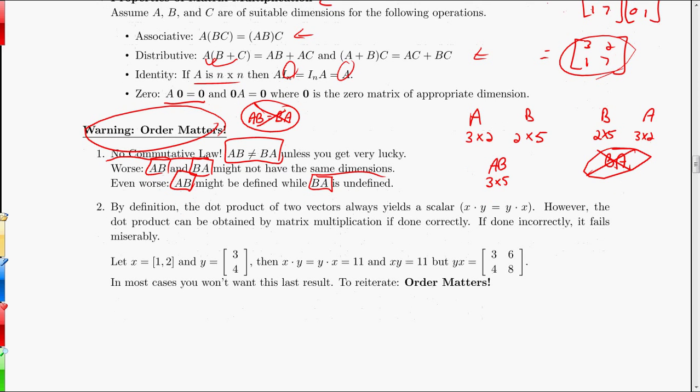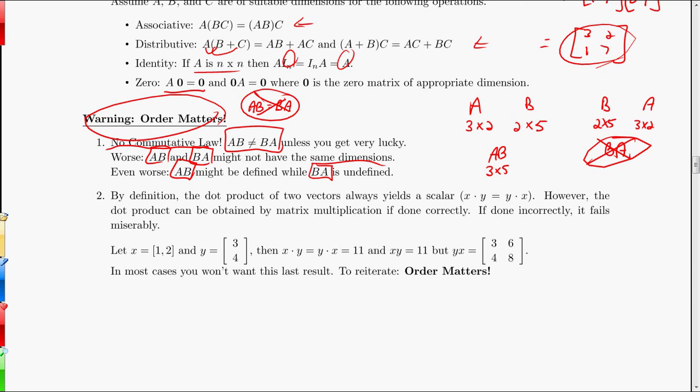And specifically, this will happen because the dot product is often considered just a type of matrix multiplication. For example, if you have x as the row vector [1, 2], and you multiply it by the column vector [3, 4], then the result is a single number. It's a scalar, right? It's 1 times 3 plus 2 times 4, which is 11. So it's the first row dotted with the first column. It's a dot product, right? So you get 11.